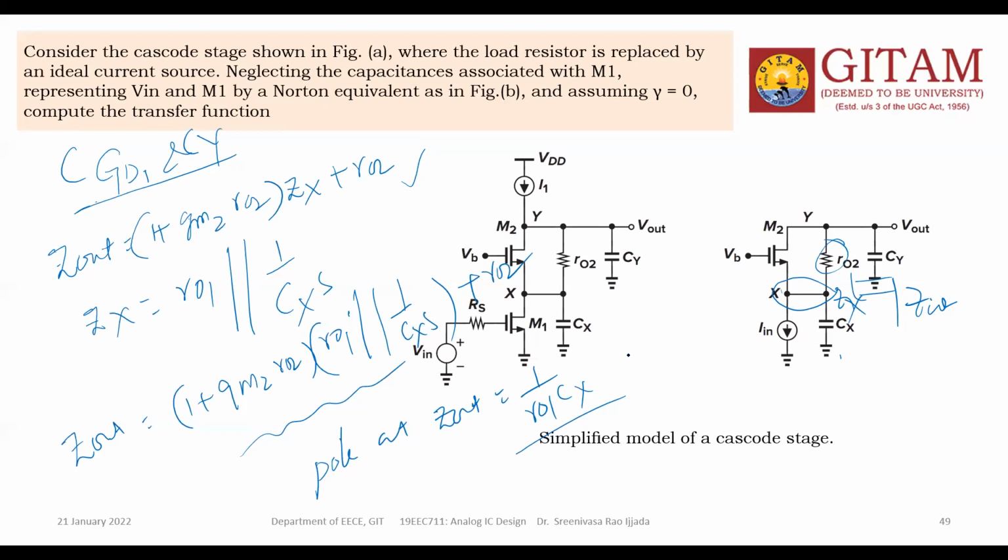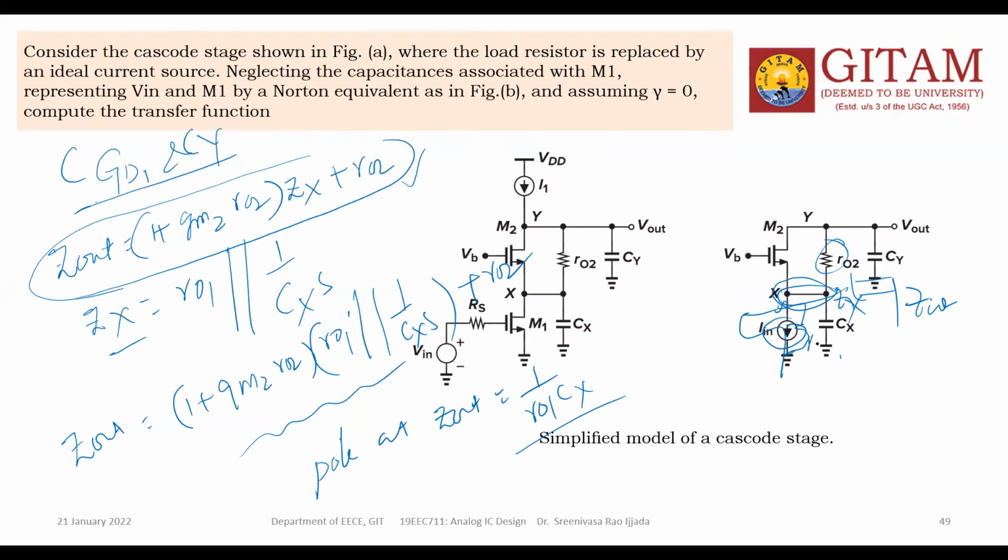Understand this one? This is the Zout formula, the standard formula which we already completed in cascode amplifiers. In this circuit, Zx means the impedance here, where there is already one transistor, the M1 transistor.